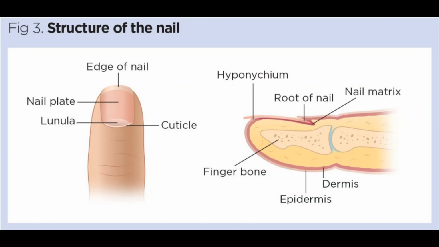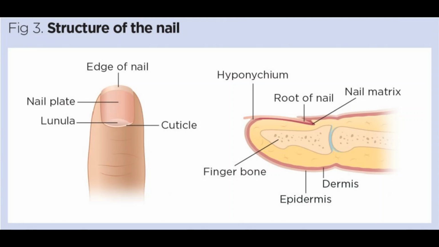The components making up the structure of the nails are the nail matrix, the growing part of the nails, still under the skin at the nail's proximal end, containing cells that divide, mature, keratinize, and move forward to the nail plate. Nail plate: this hard and translucent portion is composed of keratin and varies in thickness from 0.3 millimeters to 0.5 millimeters.